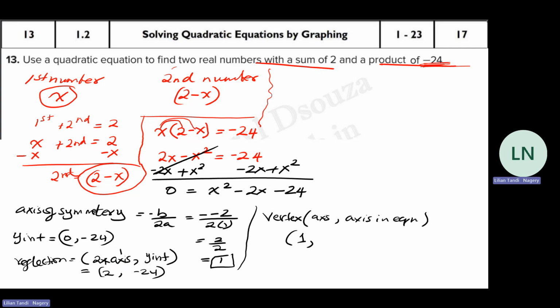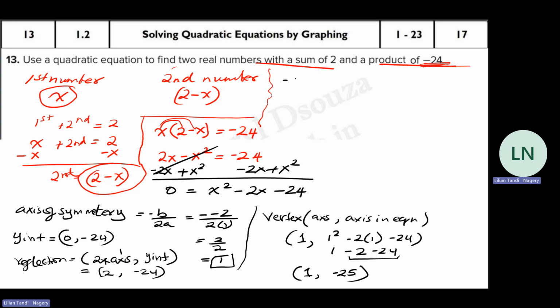Then the axis in the equation will be 1 squared minus 2 times 1 minus 24. 1 squared is 1, minus 2, minus 24. This is minus 25. So this will be (1, negative 25). Okay? That's your vertex. Then I will do the quadratic formula to find my solution.